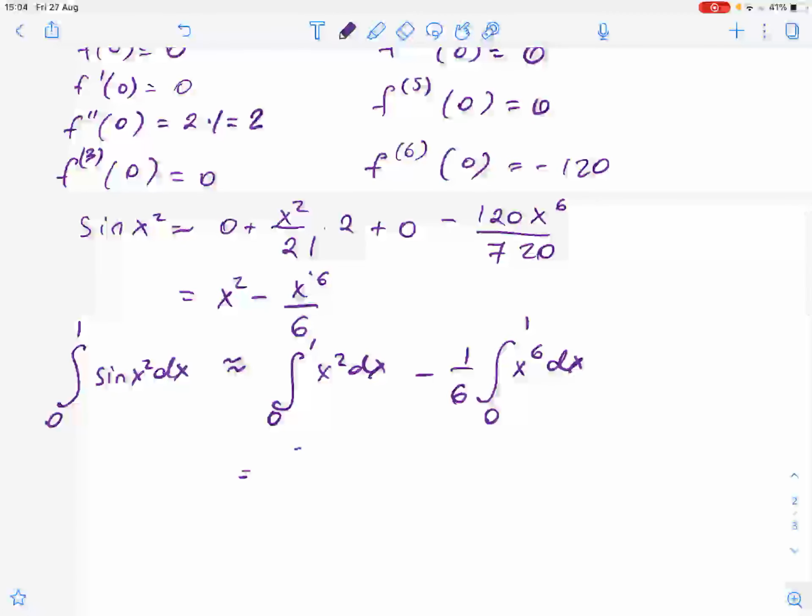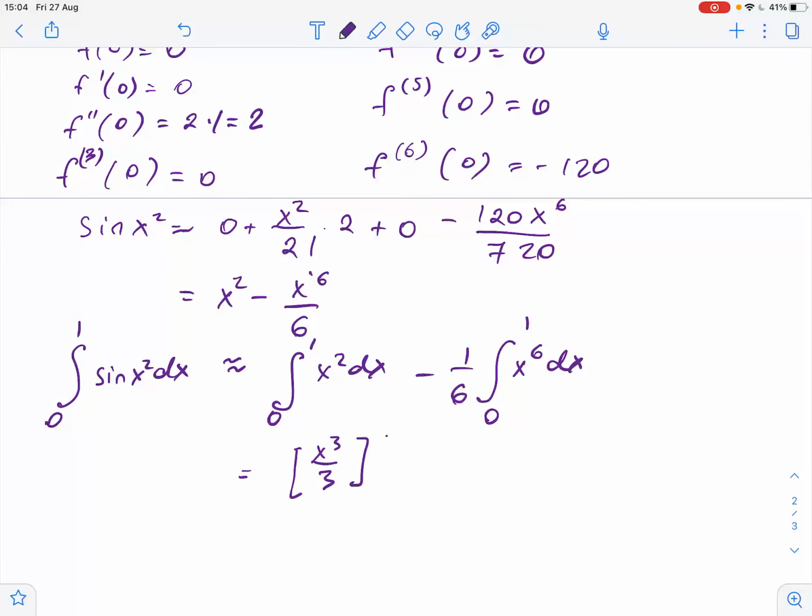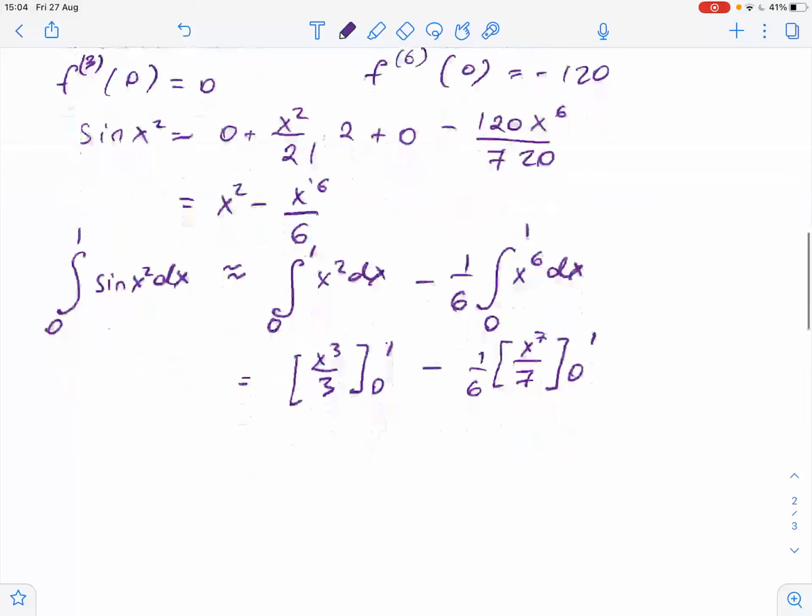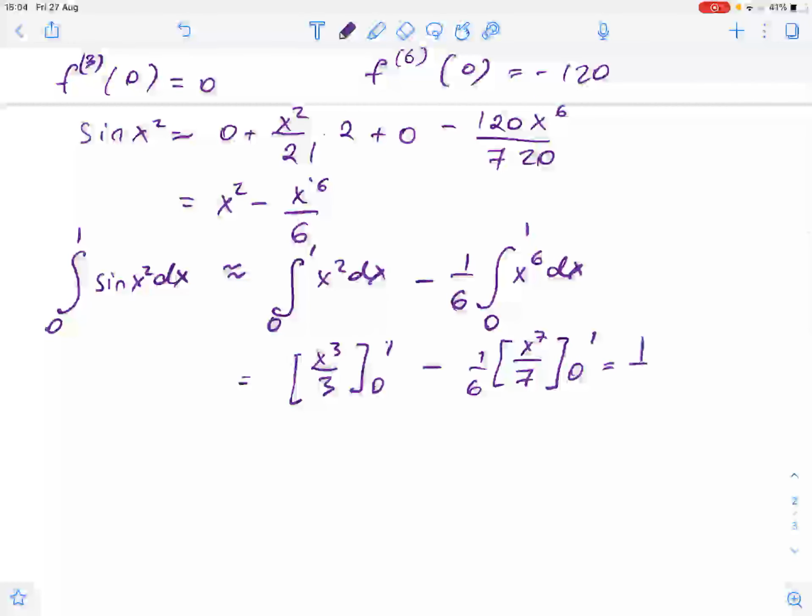Then this equals x cubed over 3 from 0 to 1 minus 1 over 6 times x to the seventh power over 7 from 0 to 1. So it equals 1/3 minus 1 over 42. And this equals 13 over 42. So this is our final answer.